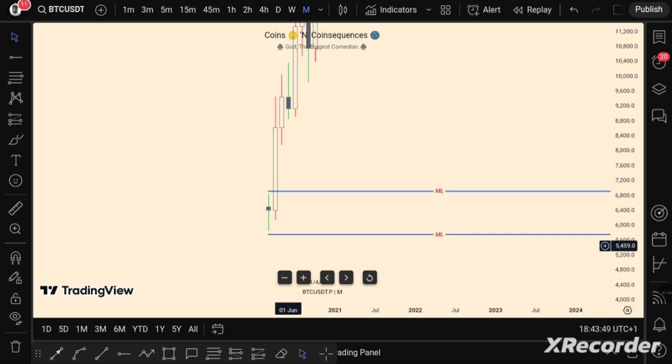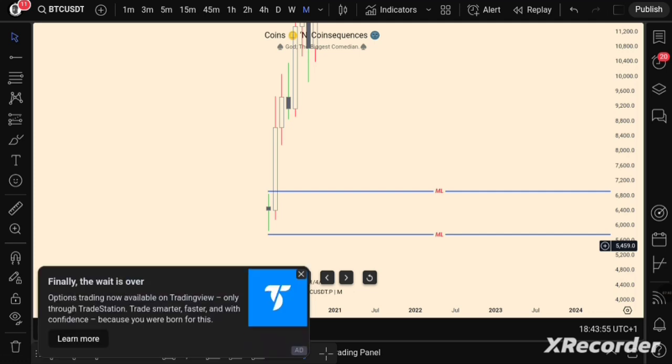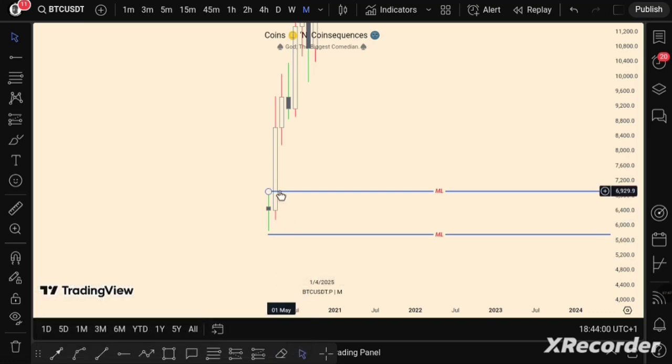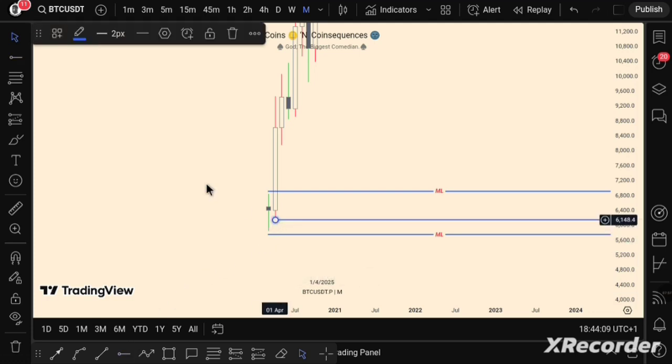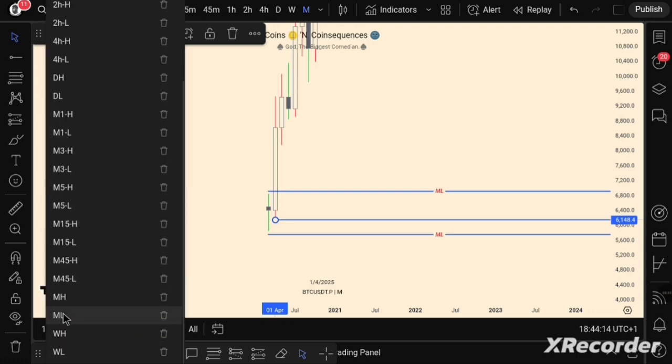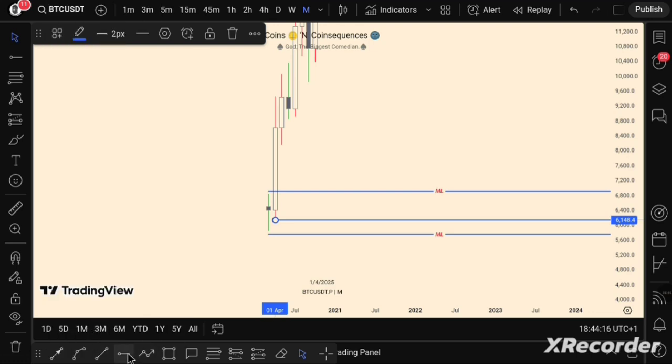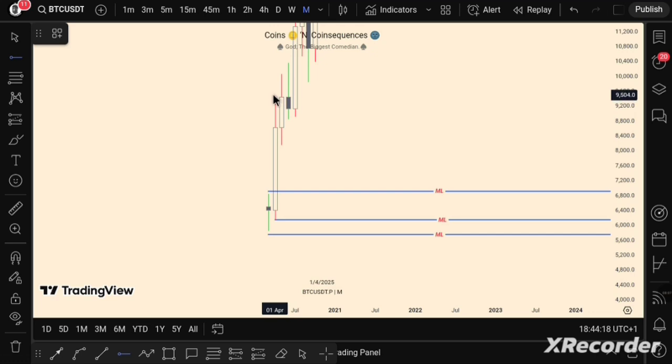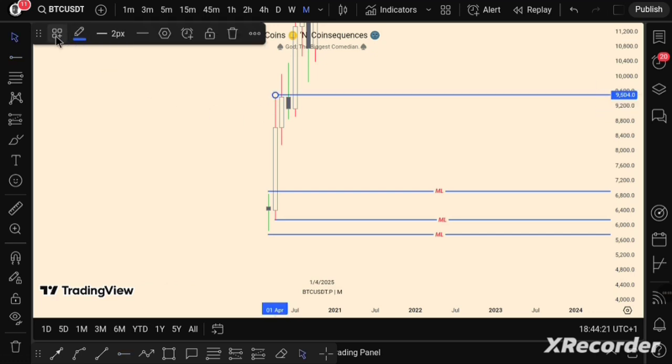So if the candlestick is bullish, the same high and low. The high is at the top and the low is at the bottom, just like we have it here. Now this is a bullish candlestick. We have this monthly low, then this monthly high.